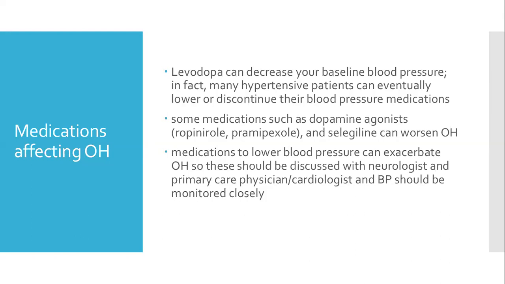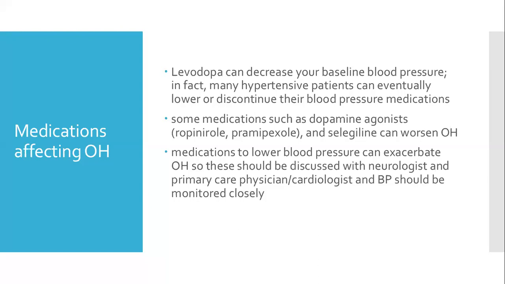So a first step, even before changing the Parkinson's meds, would be to screen the medication list and see, are there medications that control blood pressure? And can those be changed or decreased, or taken off, discontinued altogether? That's often a discussion with the primary care physician or cardiologist, whoever's prescribing the blood pressure medication.